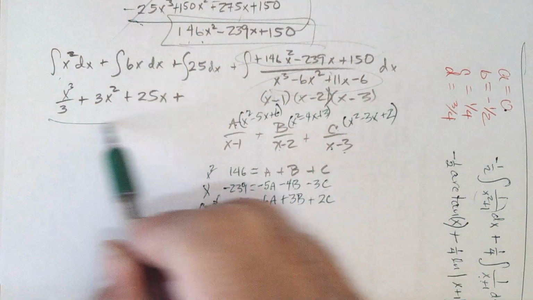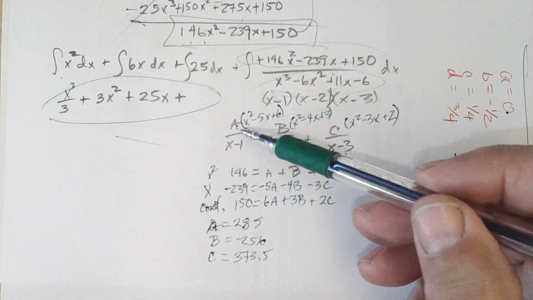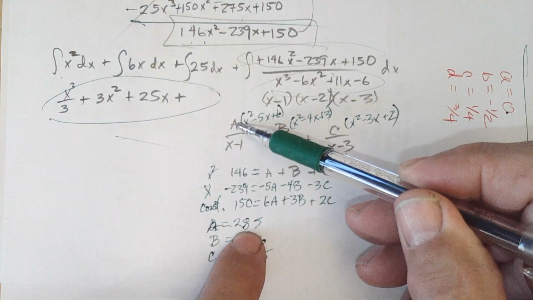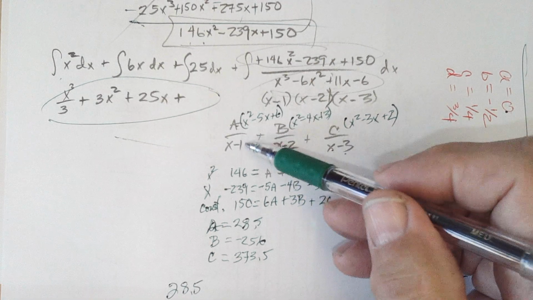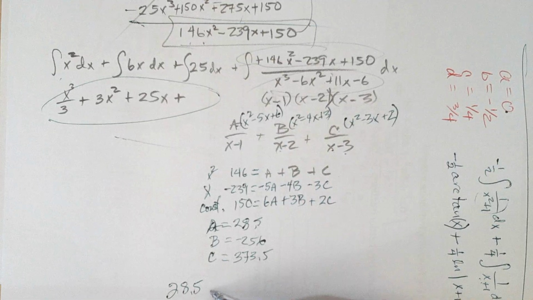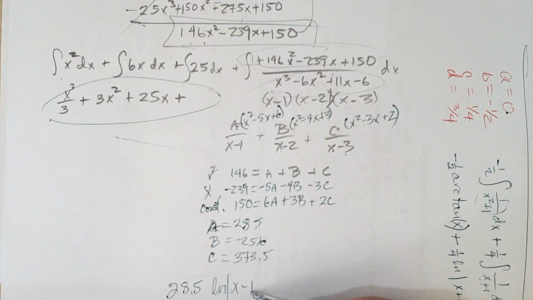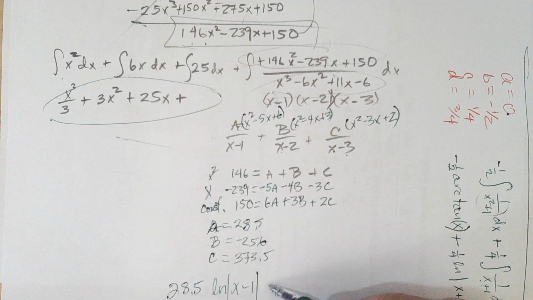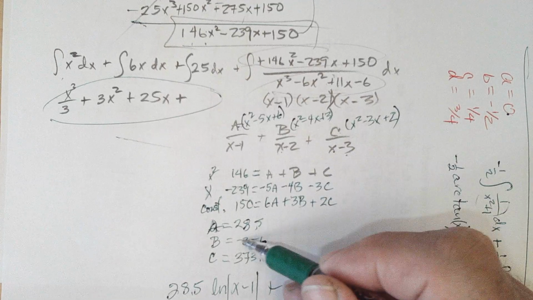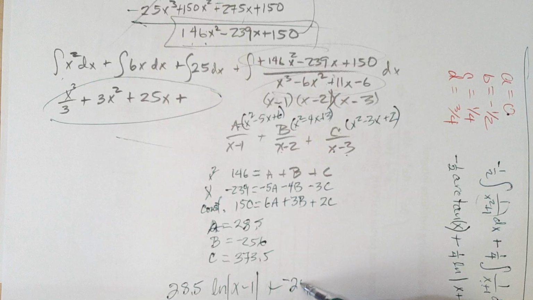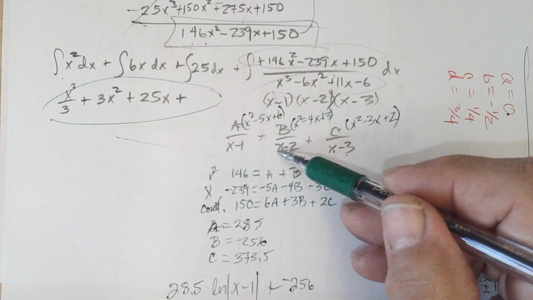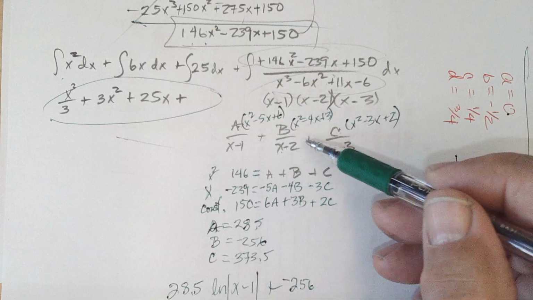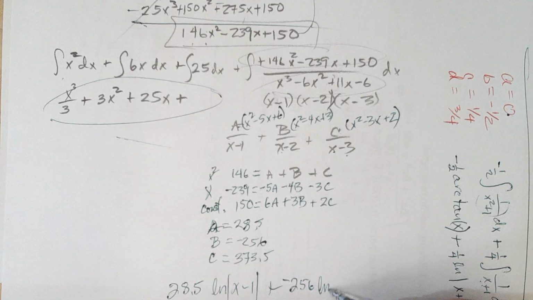So I have all of this plus 28.5, integral of 1 over x minus 1, which is ln x minus 1, plus B, which is negative 256. And I can pull that out of the integral on this, and I'd have the integral of 1 over x minus 2. U substitution will turn that into ln x minus 2.